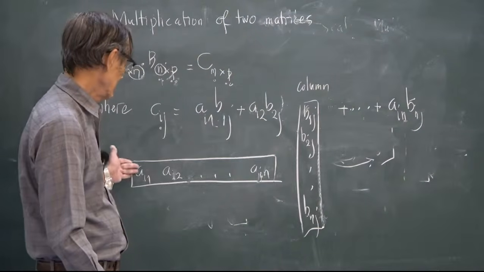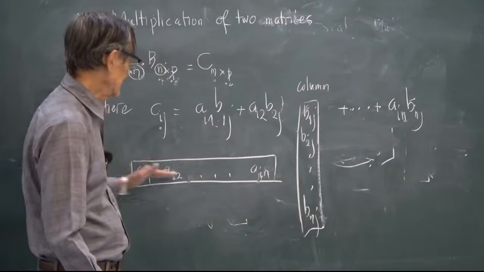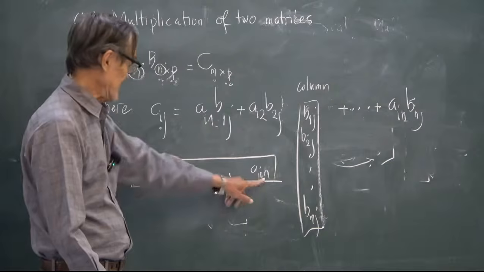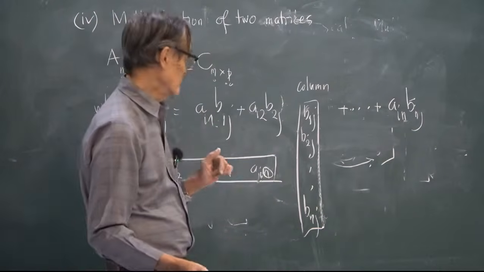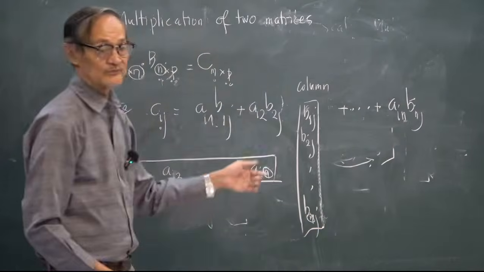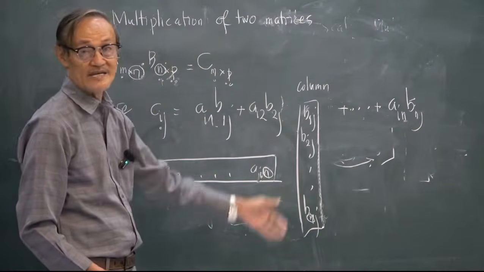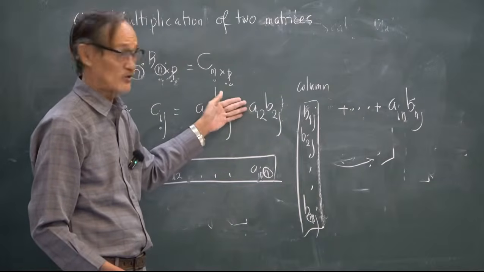So we know that the number of elements on the ith row, N, equals the number of rows on column J of B. And we can do this operation.